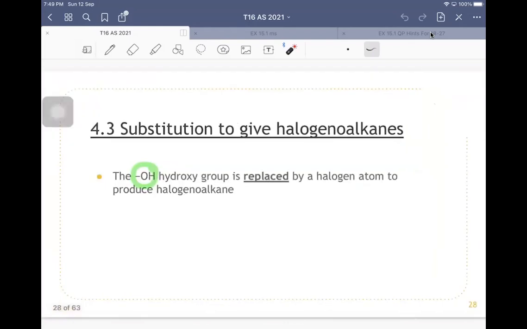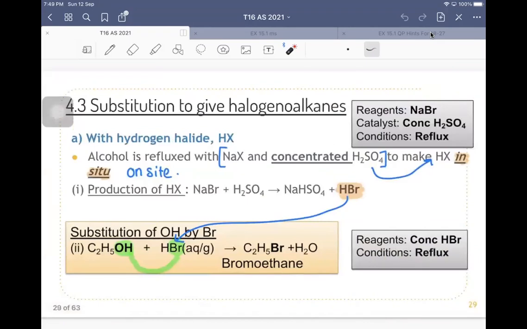There are three reagents that you can use. You can use hydrogen halide, in which case you would need to produce the hydrogen halide on site, using a sodium halide plus concentrated sulfuric acid to form the hydrogen halide that you are interested in, whether you use HBr, HCl, or HI.